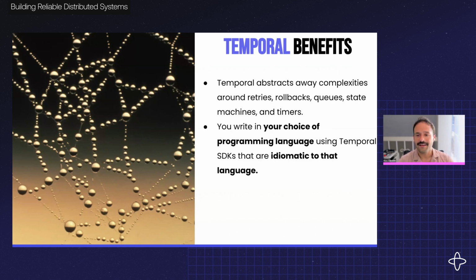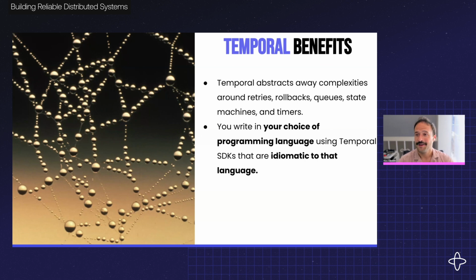You write in your choice of programming language using Temporal SDKs that are idiomatic to that language. When I say idiomatic, I mean idiomatic. I really love each of our SDK developers. They do such a phenomenal job of making sure that our Ruby SDK actually feels like Ruby, that our Java SDK works with every Java Spring Boot deployment framework you might want. We have very nice native SDKs.